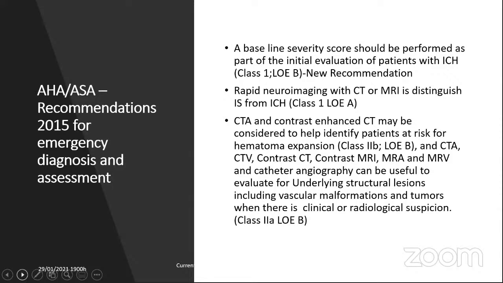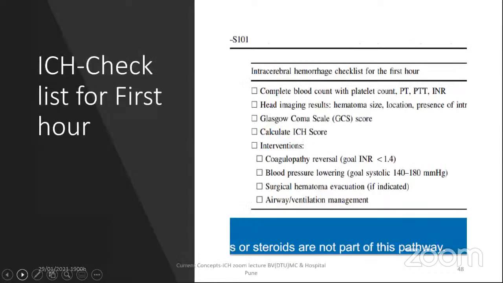The time is brain concept is applied now to ICH also, because in the first 6 hours, the hematoma expansion takes place. So what will you do? The checklist for the first hour: complete blood count with platelet count, PT, PTT, INR.